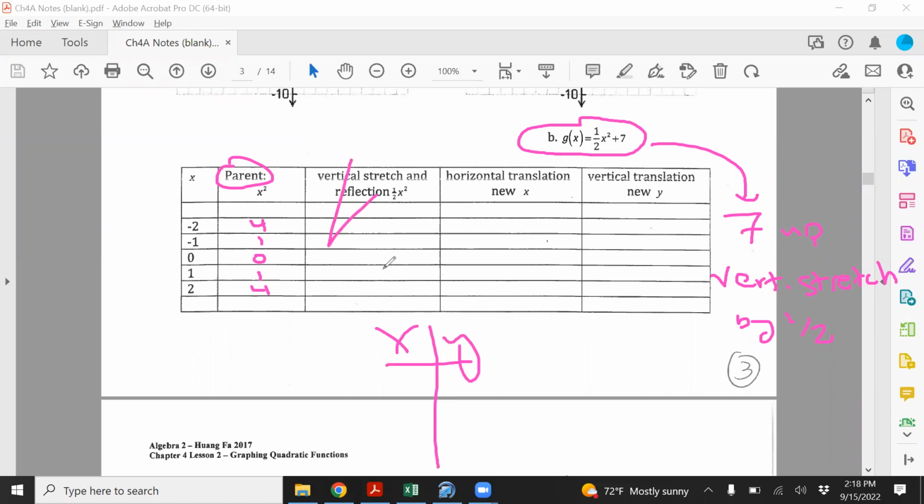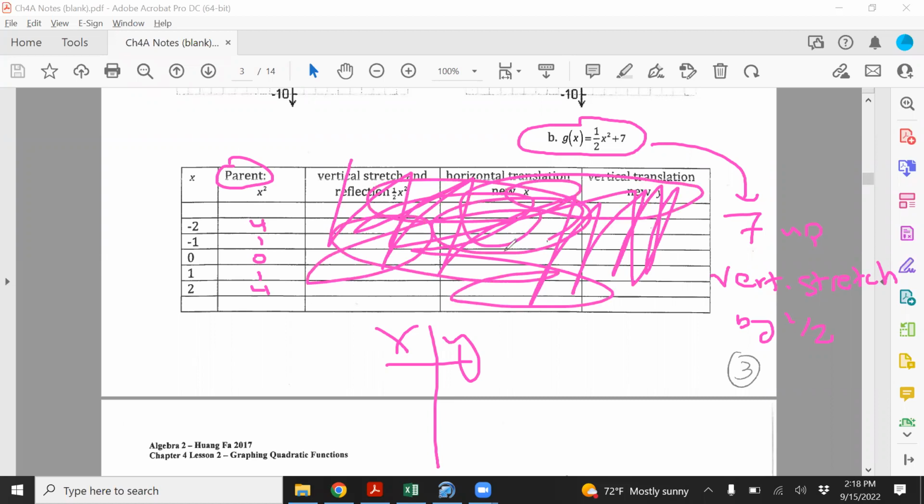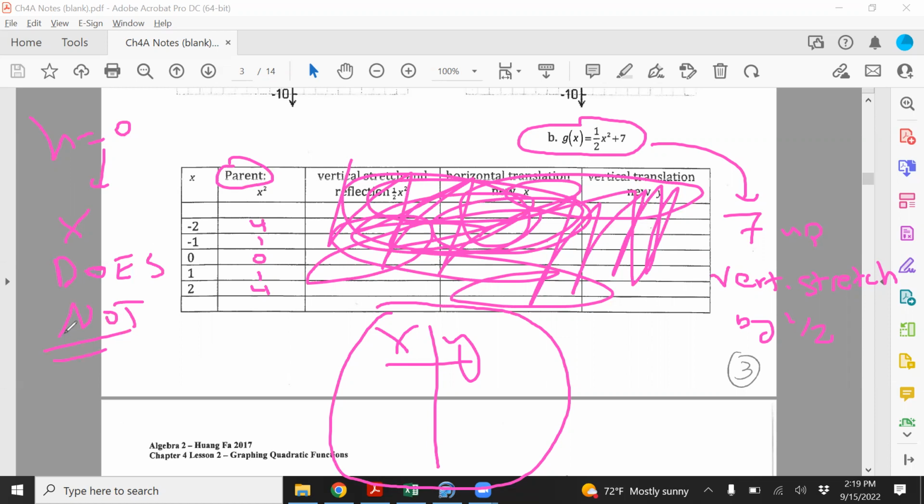And let's just cross this off. Let's just do a new table here. Okay, here's the deal. H is 0. So X does not change. It'll still be negative 2, negative 1, 0, 1, 2. X does not change. It is nice.